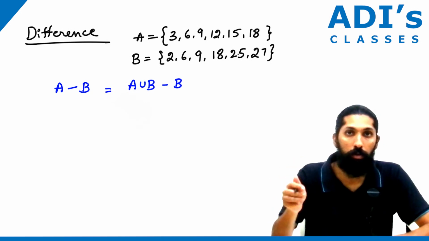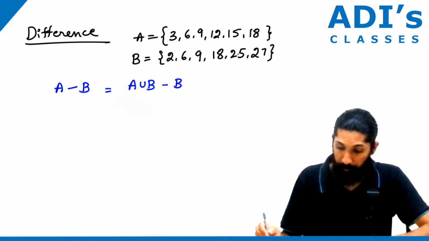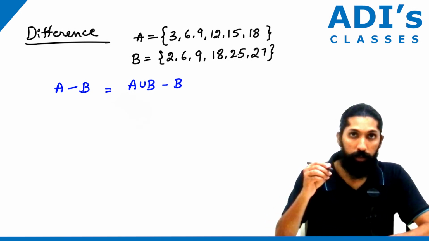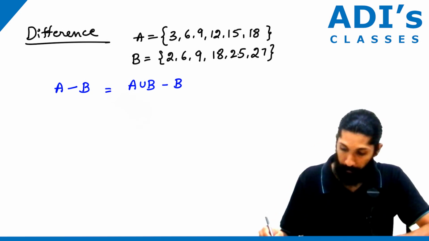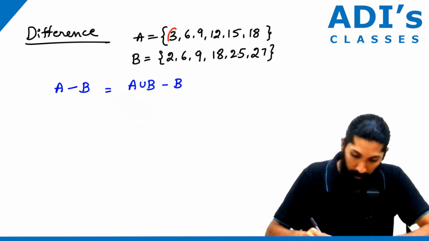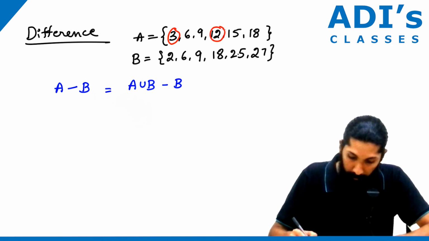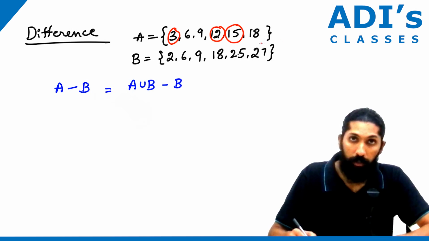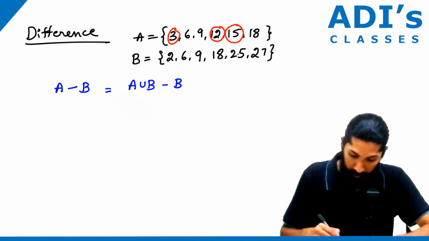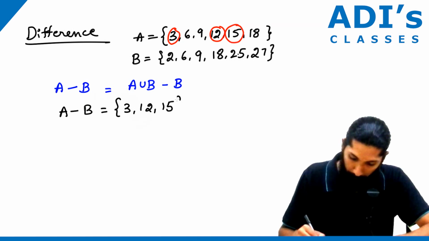Then you subtract B, and you get the value of A minus B. In the example we have taken, see the elements which are in A but not in B, in the sense only in A. So 3 is one element, 6, 9 not possible, 12 is one element, 15 is one element, again 18 is not an element. Correct? So in our example, A minus B becomes 3, 12, 15.